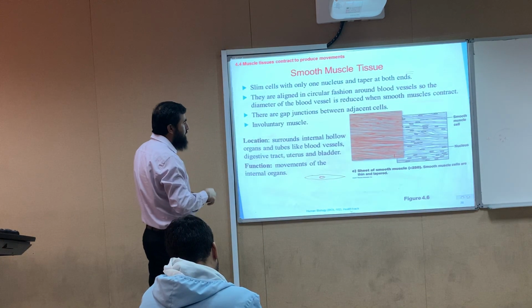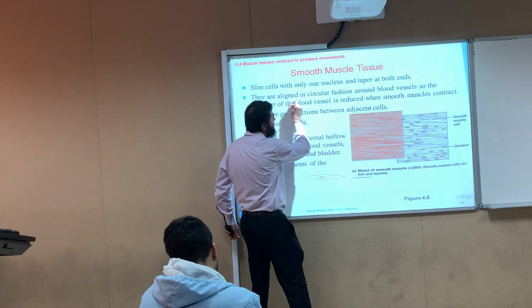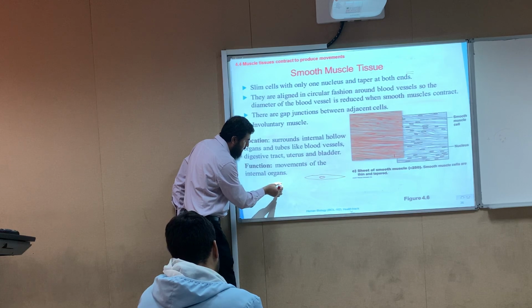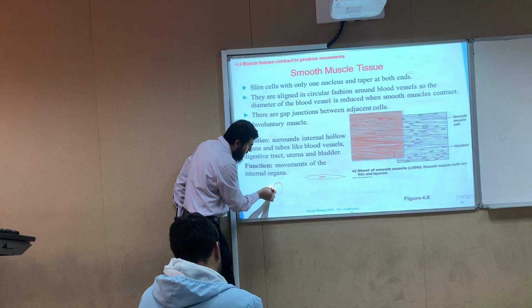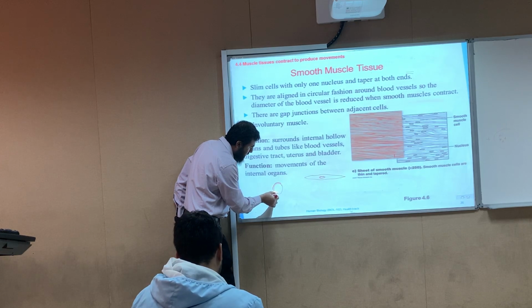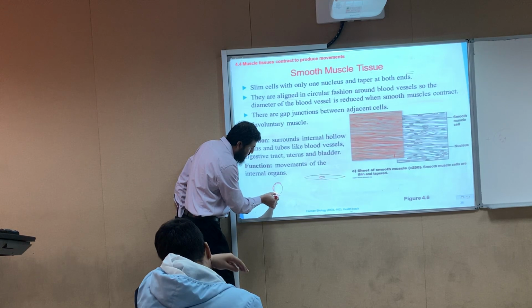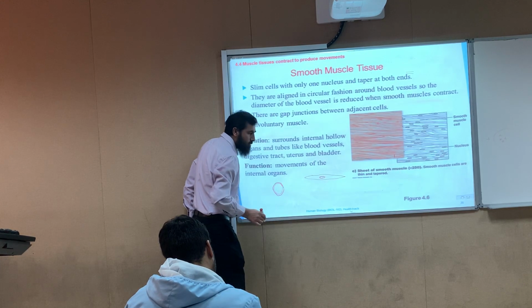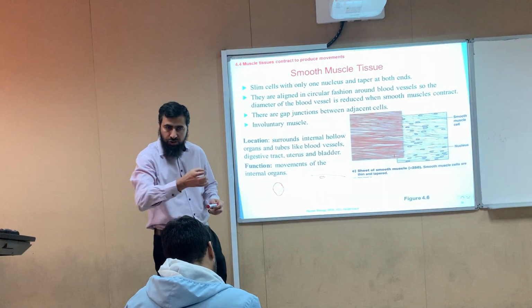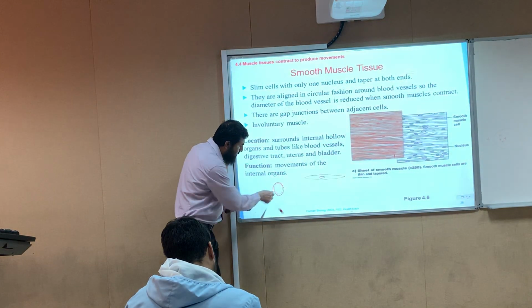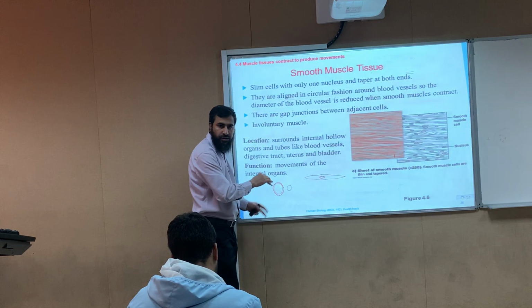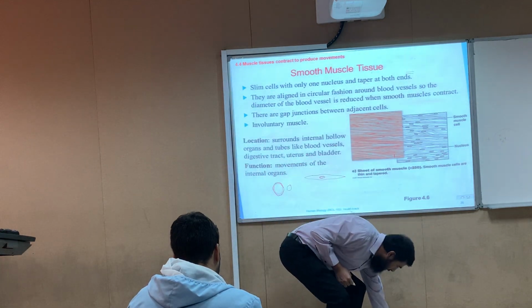You find them aligned in a circular fashion around blood vessels. If you look at a blood vessel, you find that they lie around it in a circular fashion. So they can control the blood flow and constrict. If they contract, they make the vessel smaller, so they can control blood pressure.